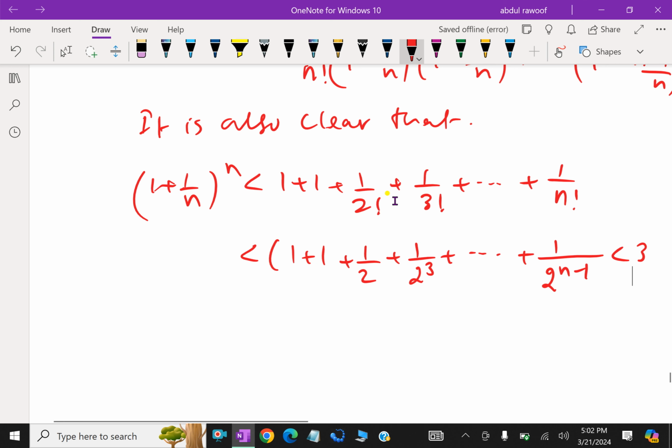That means this expansion is between 2 and 3.